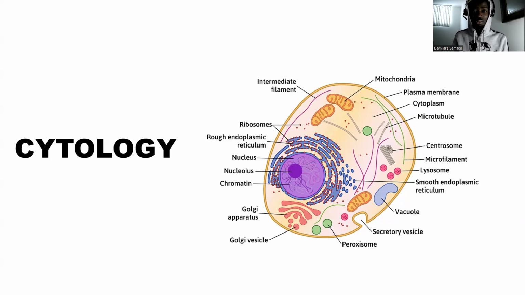I think we've talked about chromatin, we mentioned it. Nucleolus also, we mentioned it under cell division. The nucleus itself, the rough ER, the ribosomes and intermediate filaments. Some of those things are what we'll be discussing.